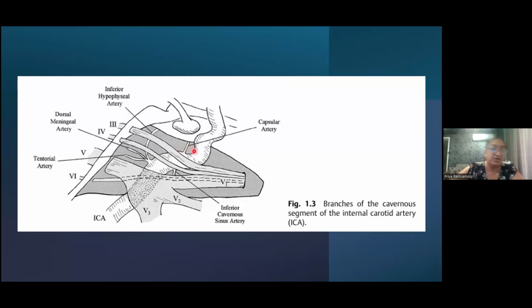This medial trunk, or the capsular arteries, is what we know as McConnell's capsular arteries that supply the anterior and the inferior pituitary gland. It tends to be present in only 28% of the population, and the most distal branch is from C3 and C2. So this covers the branches of the trunks of the cavernous segments of the internal carotid artery.